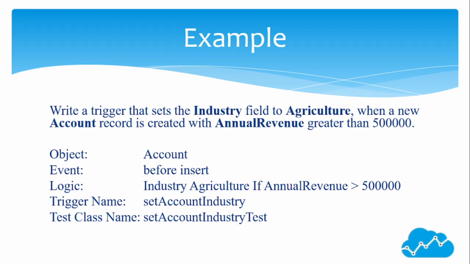So after getting the problem statement, first we have to decide on which object we are going to write the trigger, because in that syntax we had seen trigger name is compulsory, then on which object we are going to write the trigger. So in this scenario we are going to write the trigger on account.